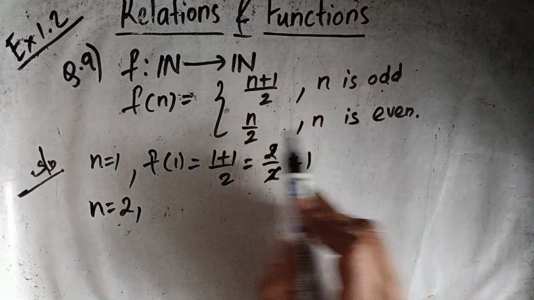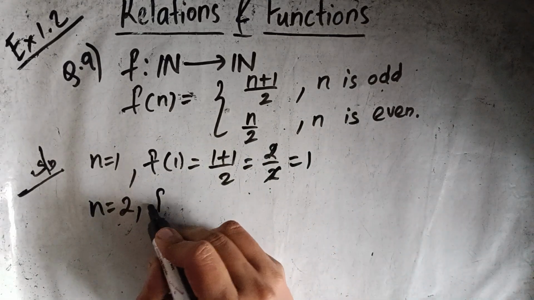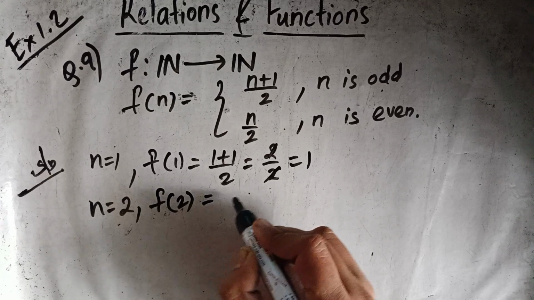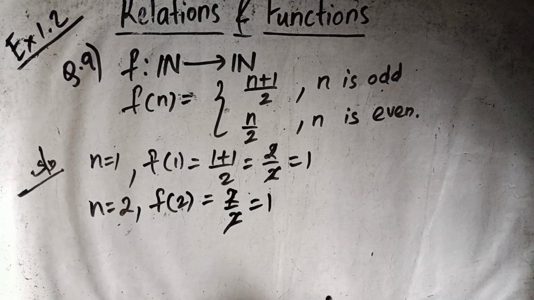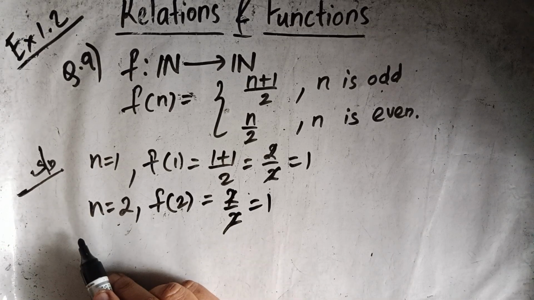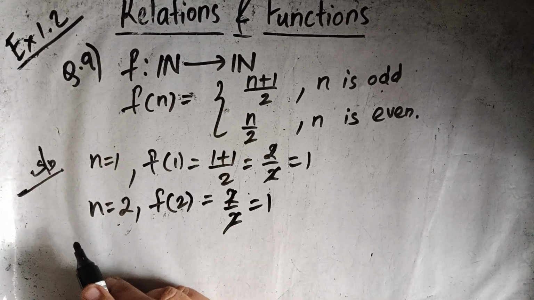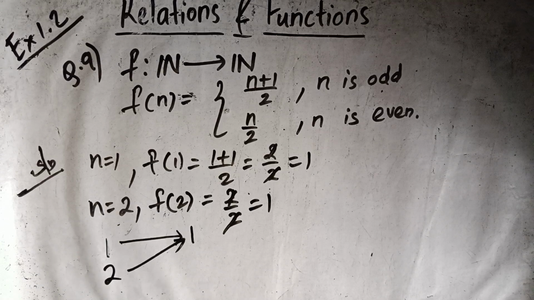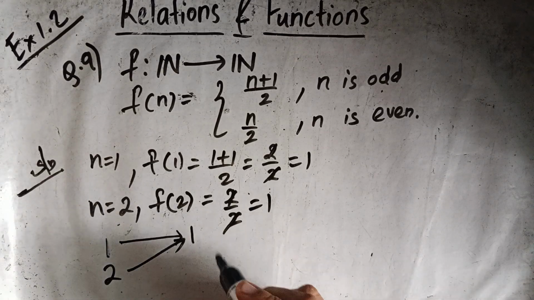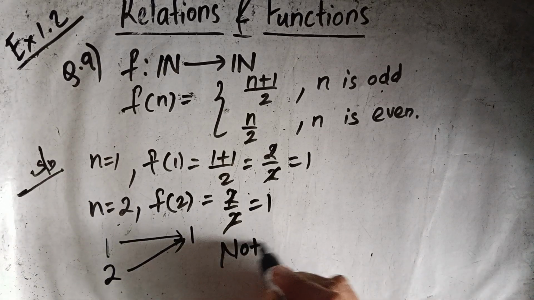So this is even. So you have to use this definition. 2 by 2, so it is 1. So from this you can say that 1 is going to 1 and 2 is also going to 1. So this becomes many-one and not one-one.